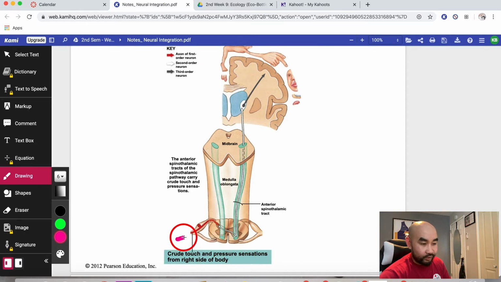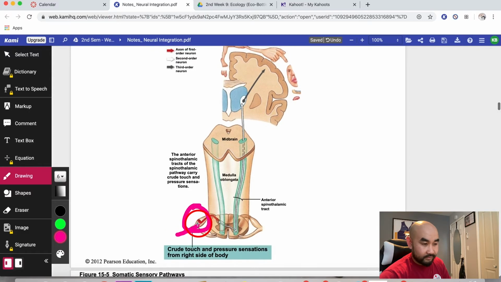That is sent through, remember what we call this? This is the dorsal ganglia. Dorsal, the back. Remember? Dorsal root. Dorsal means back.